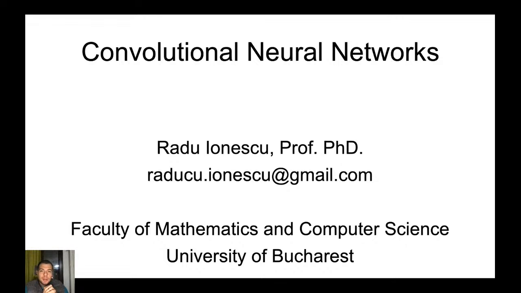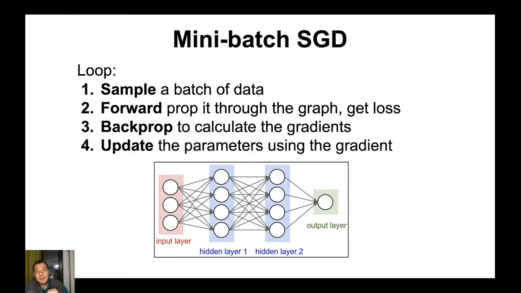Okay, so as I said, today we're going to discuss convolutional neural networks. This is a specific neural network architecture that is based on deep learning and also on some specific layers.